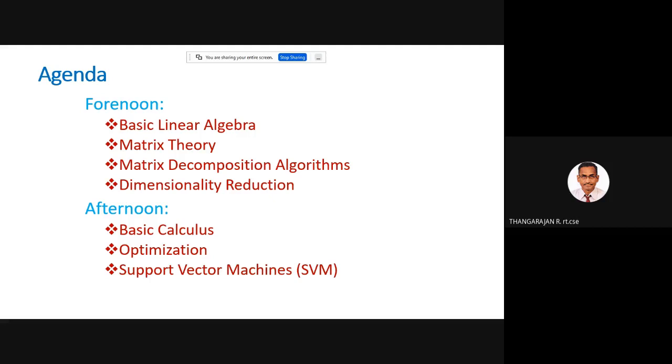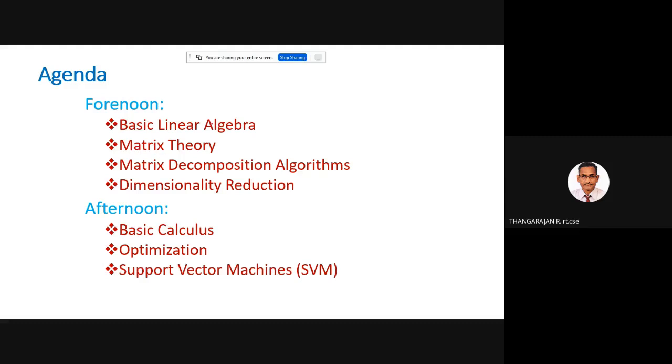So this is the agenda for today, forenoon and afternoon. We'll first discuss the basics of linear algebra, which is most important for machine learning. Then we are going to talk about matrix theory.